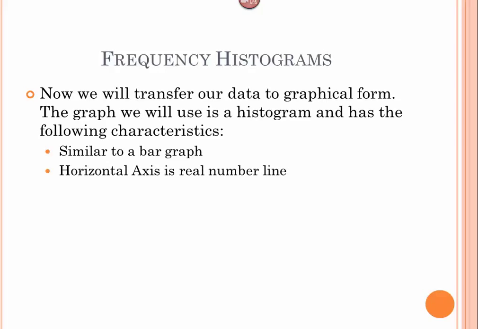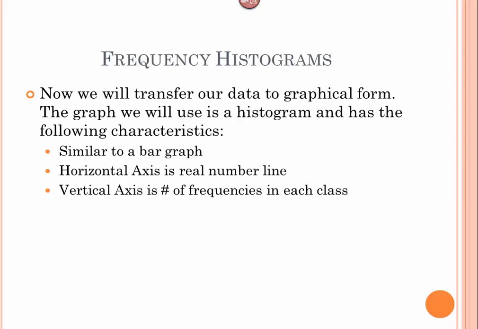It has a horizontal axis, but in this case, our horizontal axis is an actual real number line. Previously, our horizontal axis was made up of categories, and those categories did not have any kind of numerical lowest to highest. Here, we actually have a real number line on our horizontal axis, and so we treat it as such.